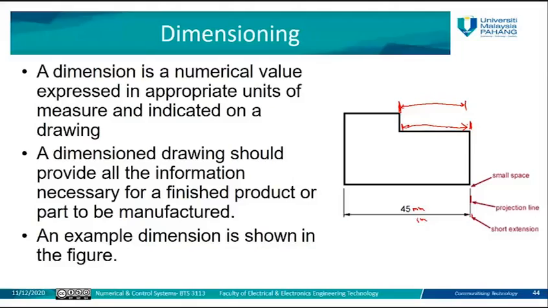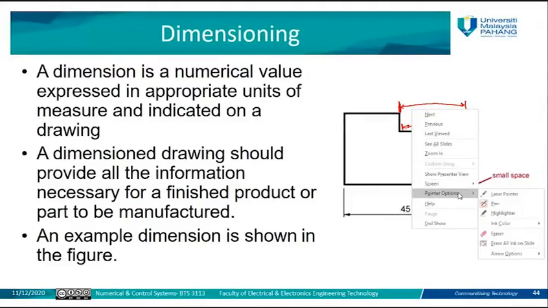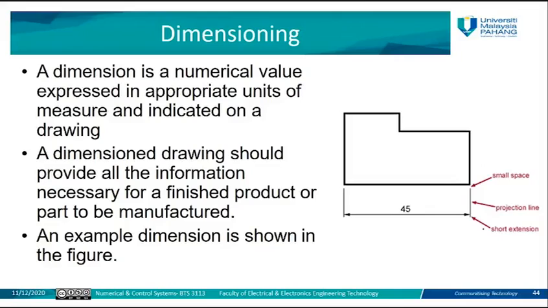It's just a dimension line, not a line that is part of our figure or object. So you can see here there is space between the projection line and the object. So this is the dimension, which is 45, for example.